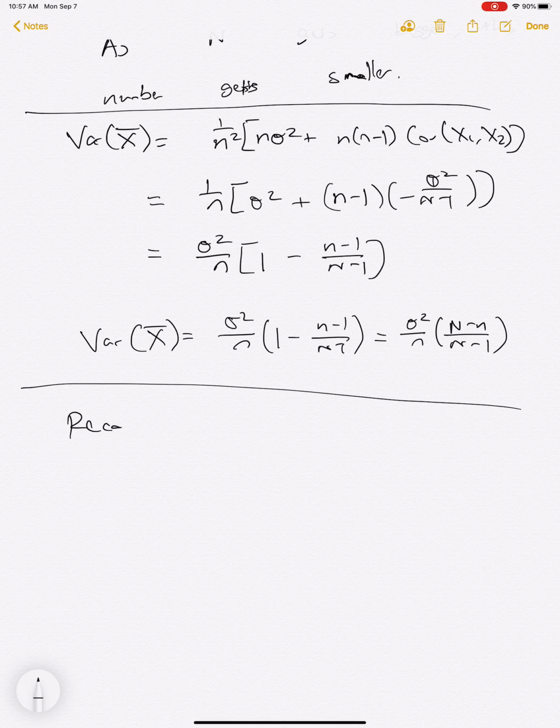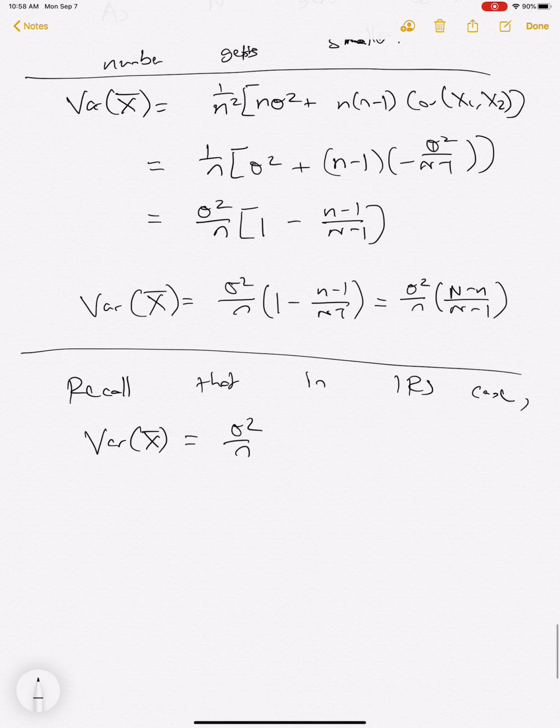And we can recall that in the IID case, variance of x bar equals sigma squared over n.